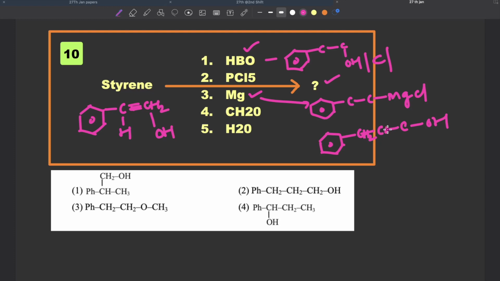We get the primary alcohol with 1 carbon extra as compared to styrene, and the OH is on the terminal carbon. So this is going to be 3-phenylpropan-1-ol, the right answer. So the option for this question is 2. The second option is the right option for this question.